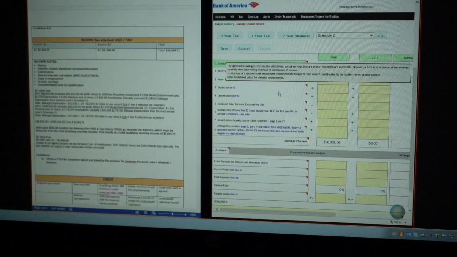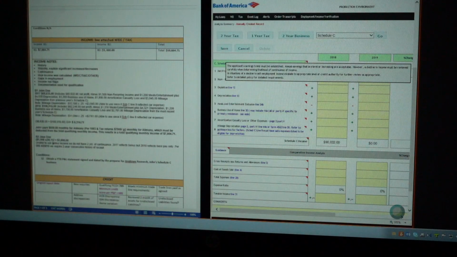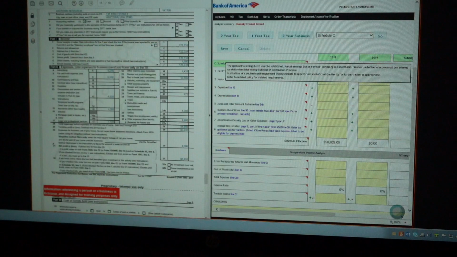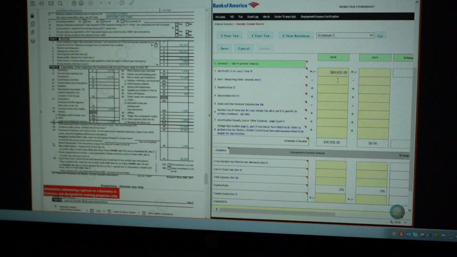So the next thing that we have is, it automatically defaults to subtract that amount, so it's going to put it in red.